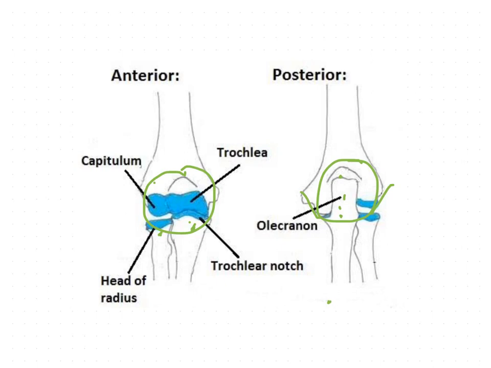Okay, the bony components, the medial collateral ligament and the anterior joint capsule contribute equally to resist valgus stress in full extension. If you can see, this is the full extension, this is the posterior aspect and this one is the anterior aspect.